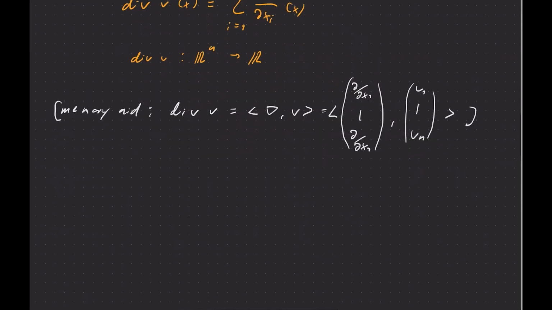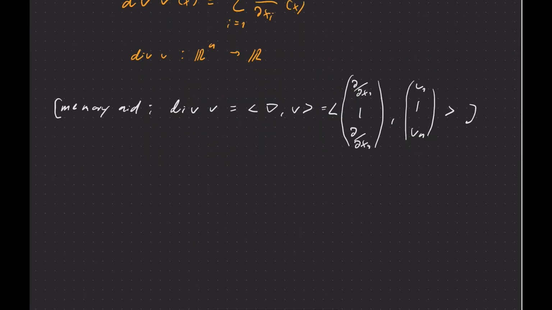What it does as an interpretation, basically the divergence measures the local density of sources and sinks. So basically it measures how much outflow in the first component in direction of that first component, how much outflow of the second component in direction of the second component, and so on. Yeah, so if there's local sources or local sinks of the vector field, that should be reflected in the divergence.